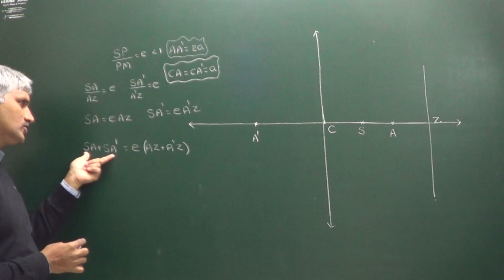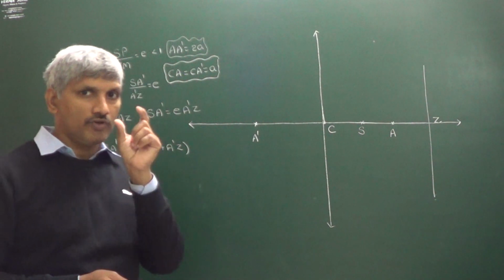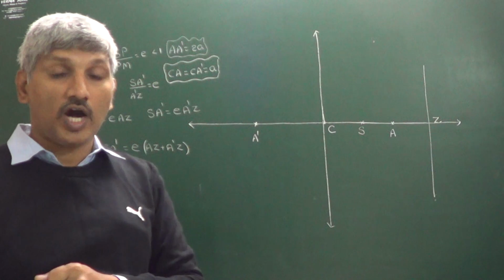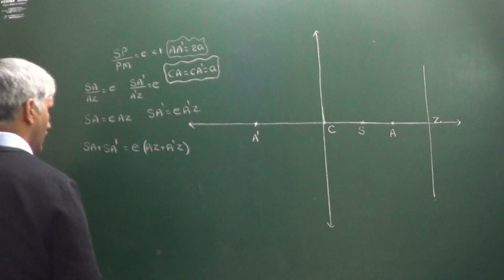SA plus SA dash is equal to E into (AZ plus A dash Z). Our target is to find the CS value and the CZ value. Yes, that's what I am approaching.